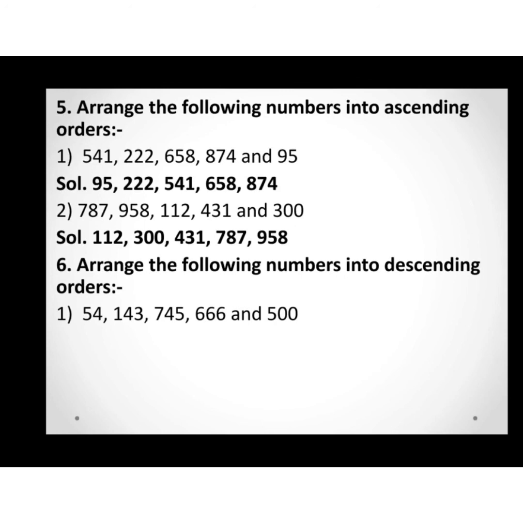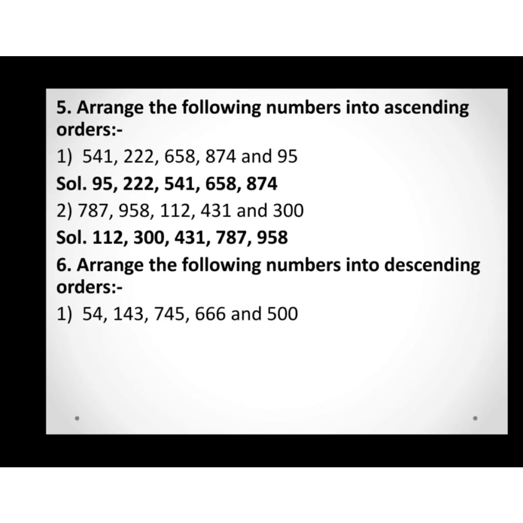Here it is clear that 54 is the smallest number as it is a 2-digit number. So, in order to find out the biggest number, compare the first digit of the remaining 4 numbers. Those are 143, 745, 666 and 500. Good.